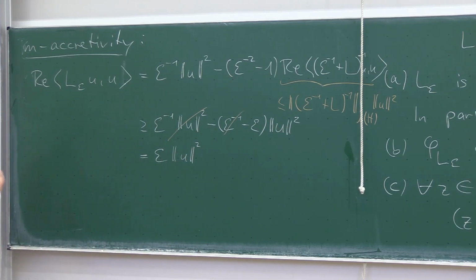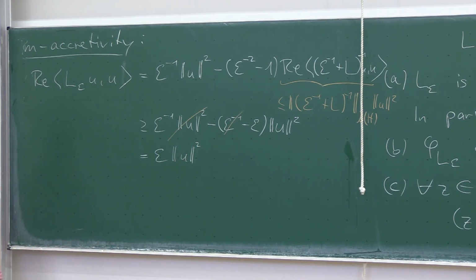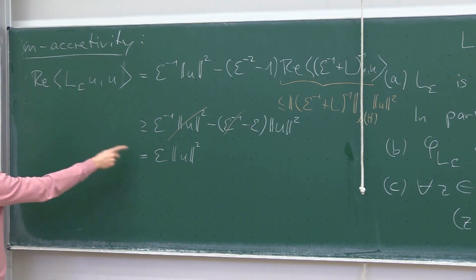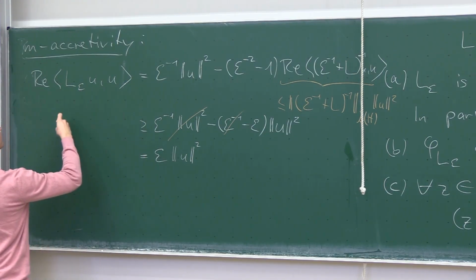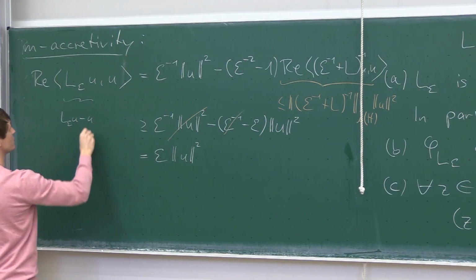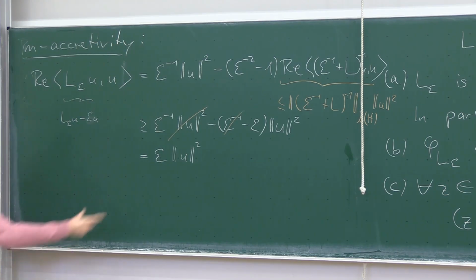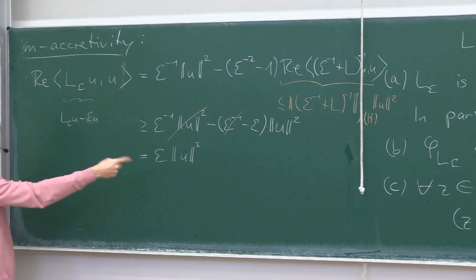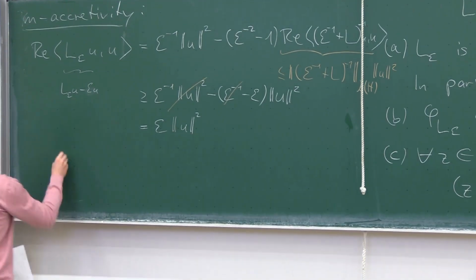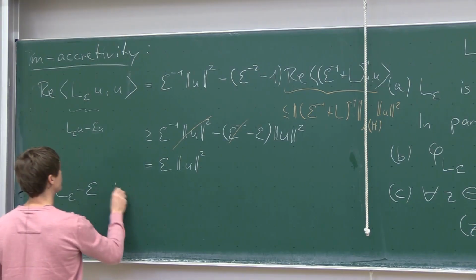Okay. Now remember, the norm of u squared is just the inner product of u with u, and if we subtract this to the left-hand side, we would see that the operator L epsilon u minus epsilon times u would still be non-negative, and this means that L epsilon minus epsilon is m-accretive.